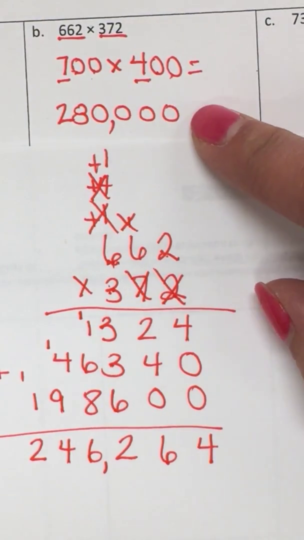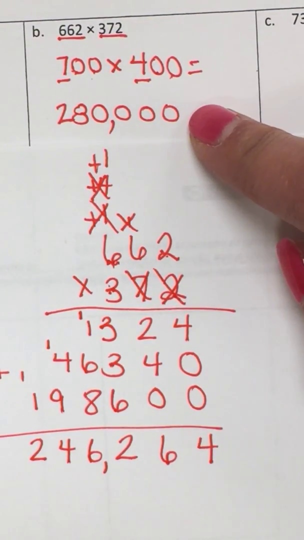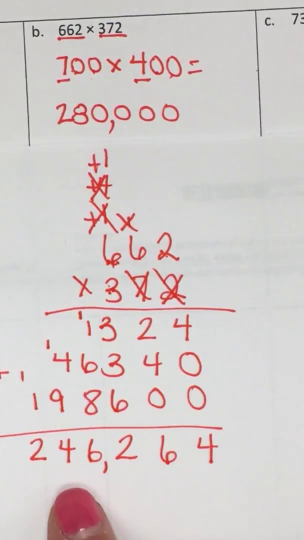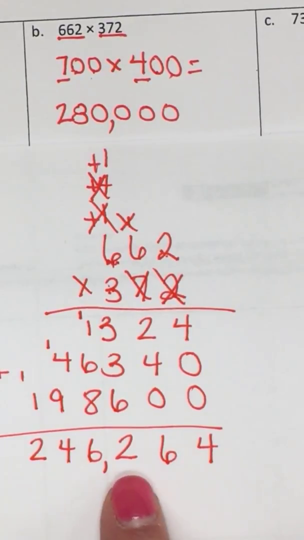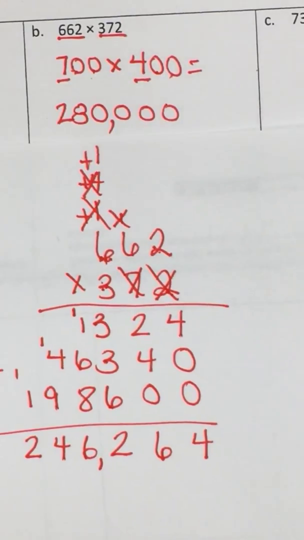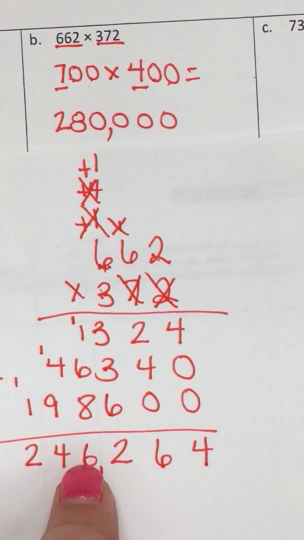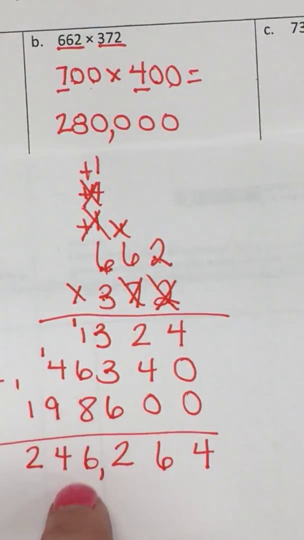My estimate was 280,000. My actual number was 246,264. So are these answers close? They sure are. So you can absolutely agree that this estimate matches this product.